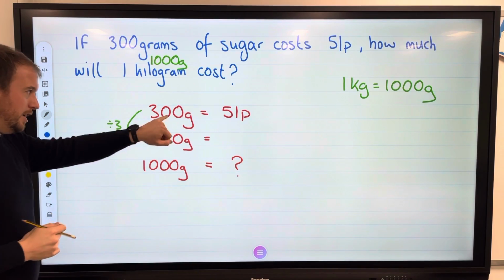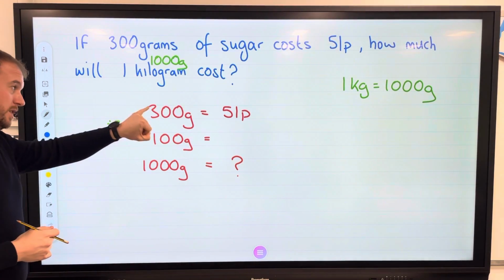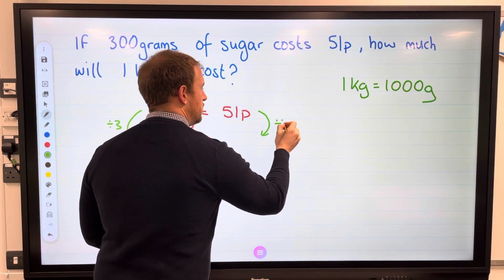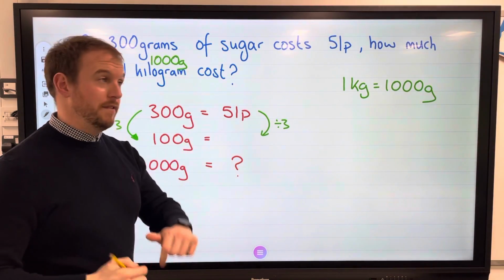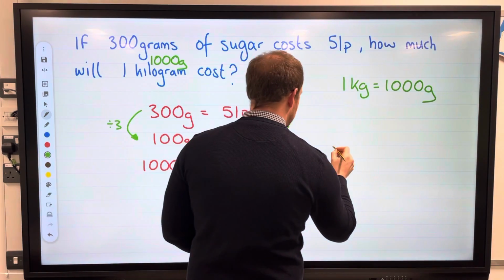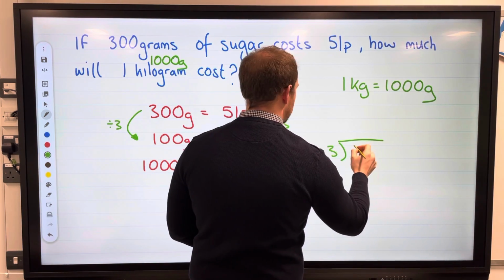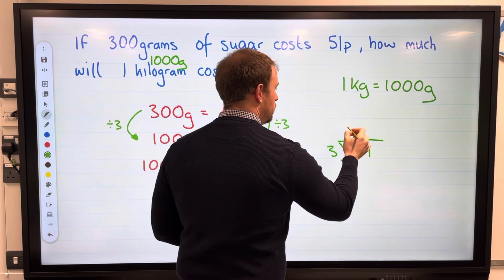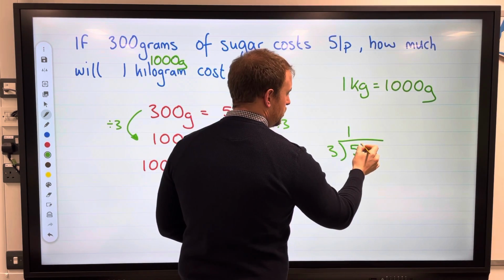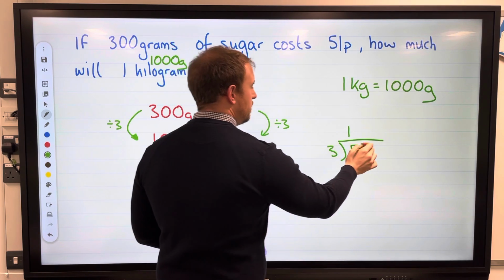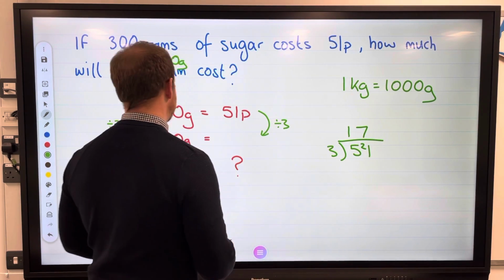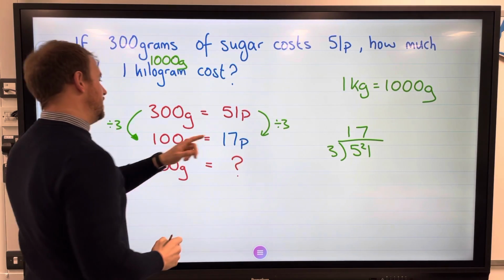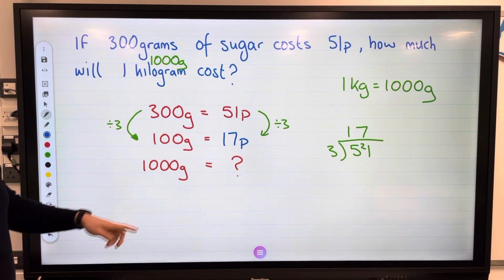To get from 300 to 100, we divide by 3. So we've got to do the same here. Divide by 3. If you don't know off the top of your head, bus stop method, 3 into 51. 3 goes into 5 once with 2 left over. 3 goes into 21 7 times. 17. So 17 pence for 100 grams.